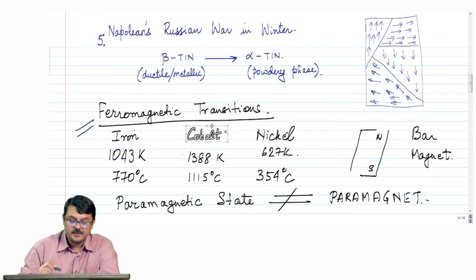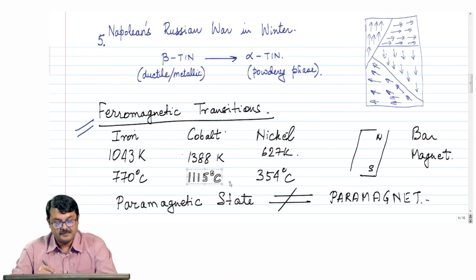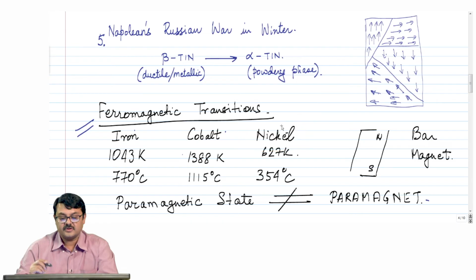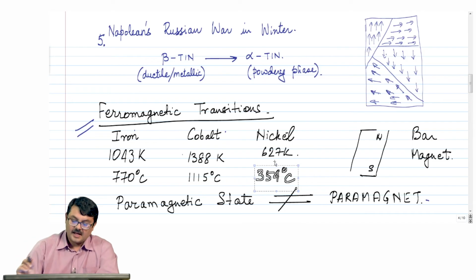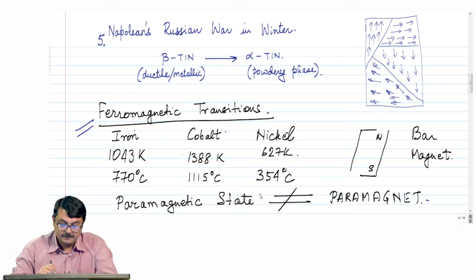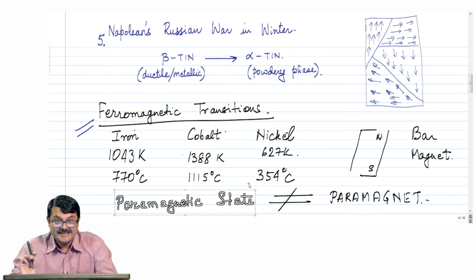Similarly, if you have cobalt and you heat it above 1115 degrees centigrade, then again it is ferromagnetic at room temperature, but above this temperature it loses its magnetic properties. It does not remain a ferromagnet anymore. Nickel is also a ferromagnet, and it loses its magnetism above 354 degrees. And we say that above these so-called critical temperatures of 770, 1115 or 354, the iron or the cobalt or the nickel reaches a paramagnetic state.